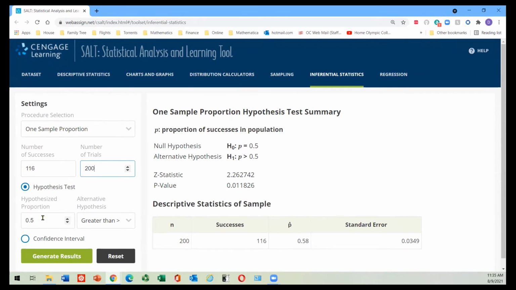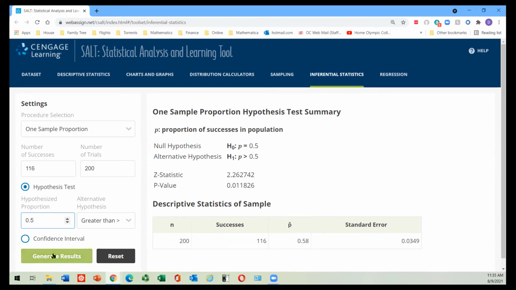Okay. And then 0.5, because the null hypothesis is it's equal to that, and the alternate hypothesis is: is it more than 50% of American Catholics want women priests? And so I chose the greater than choice. So this here is another way of saying the alternate is that P is greater than 0.5.